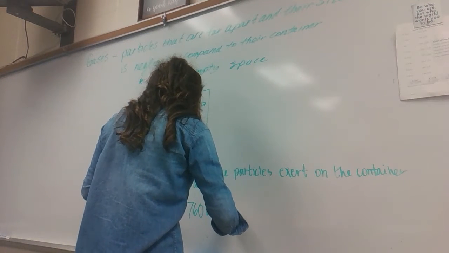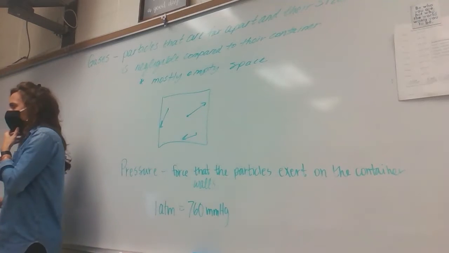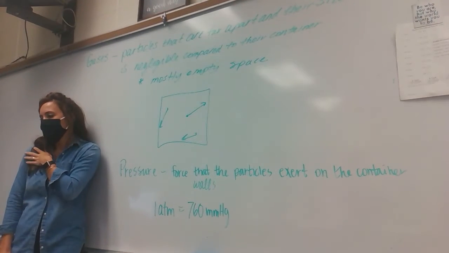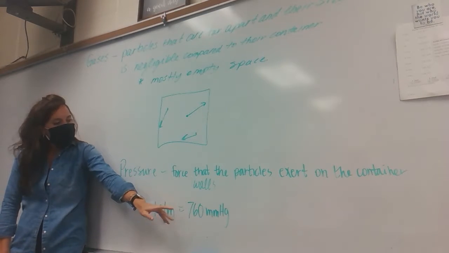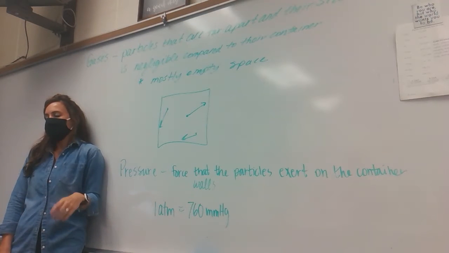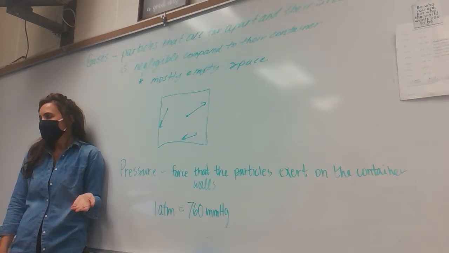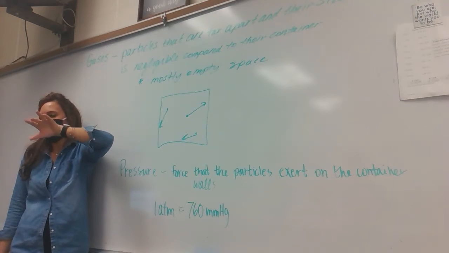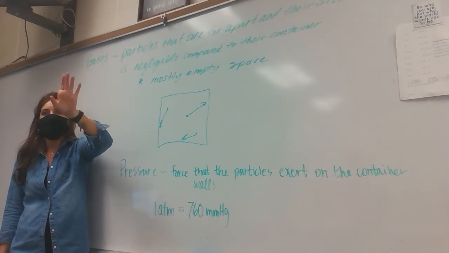We also use something called millimeters of mercury. It's another unit of pressure. There are 760 millimeters of mercury in 1 atmosphere. This came from old barometers that measure pressure. It would be a tube with mercury in it, open to the atmosphere. The atmosphere would push down on the mercury.